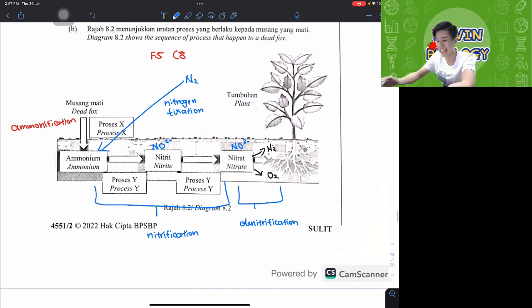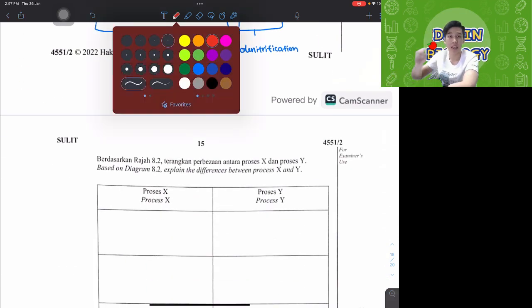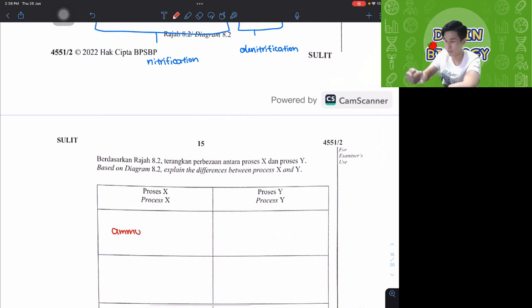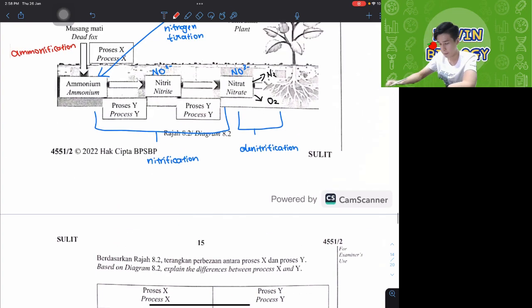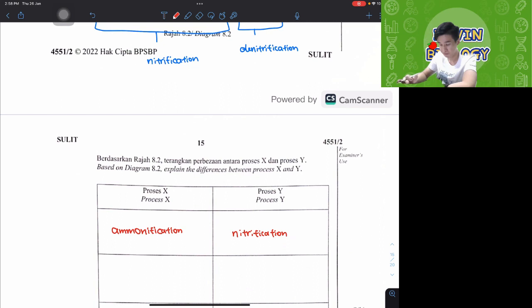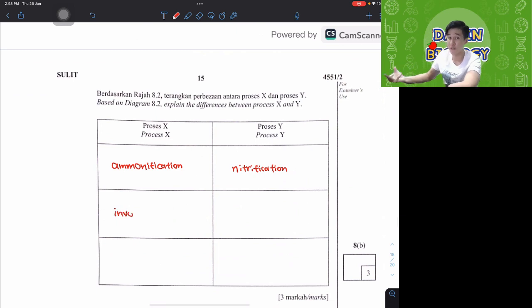Explain the difference between process X and Y. So the first difference, we can write the name. This is ammonification. This is nitrification. Then the next thing we can talk about is what bacteria they involve.